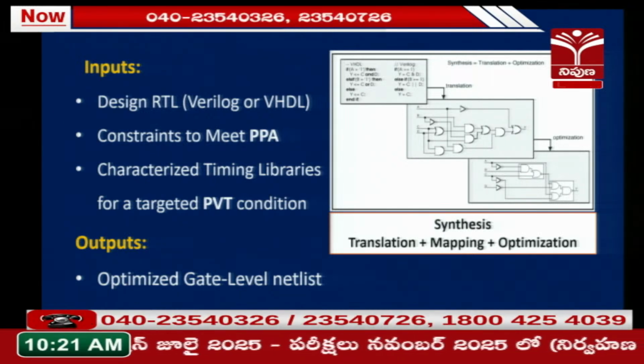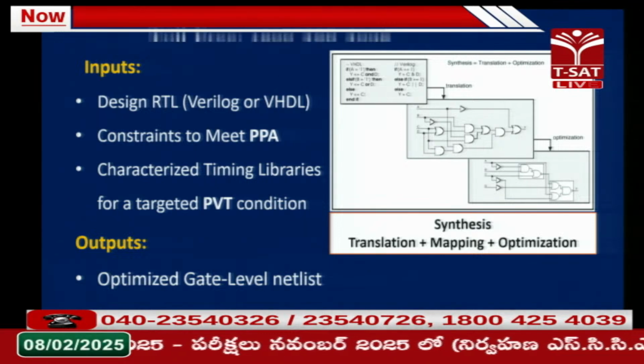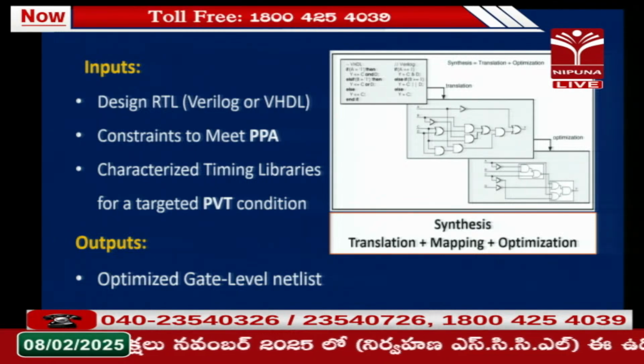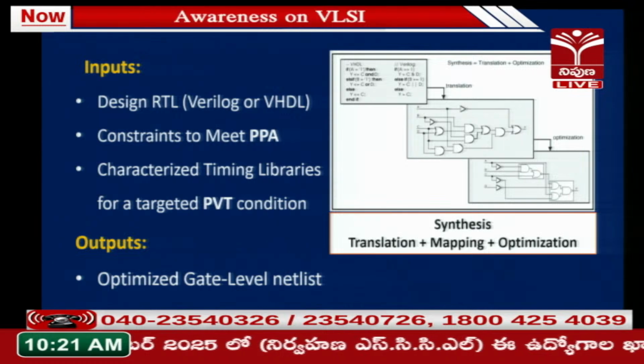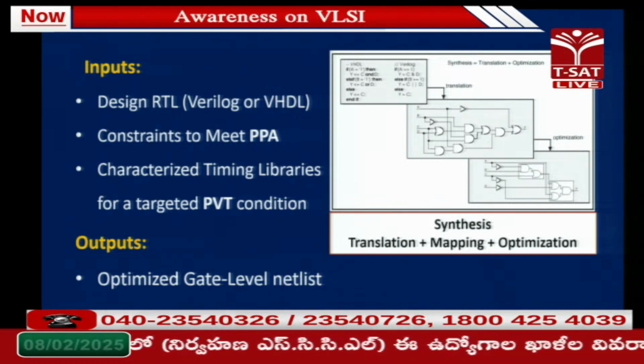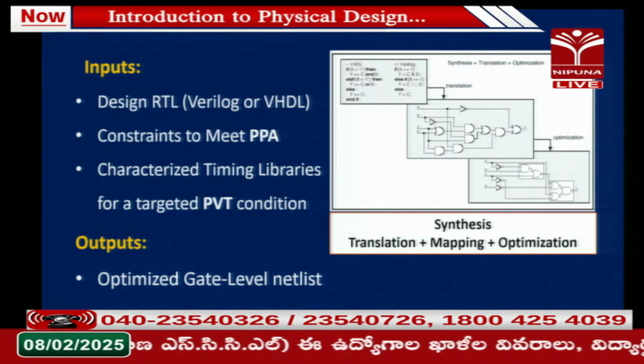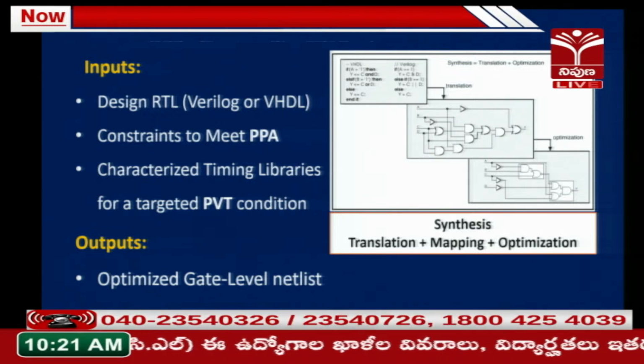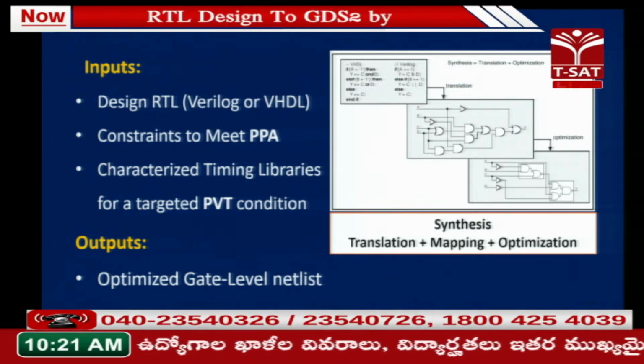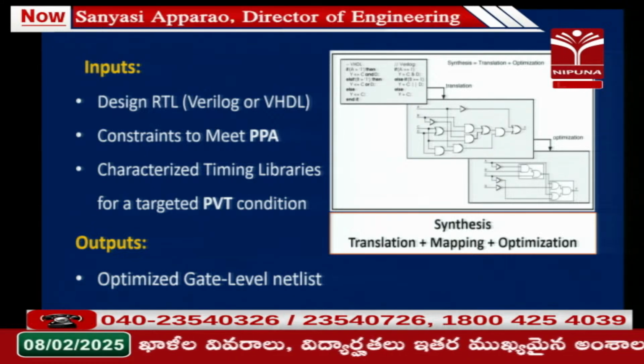Frequency is nothing but performance. First P is performance, next is power consumption, and the next is area. Every chip designer always targets the maximum possible frequency, best performance, least possible power consumption and least possible area.